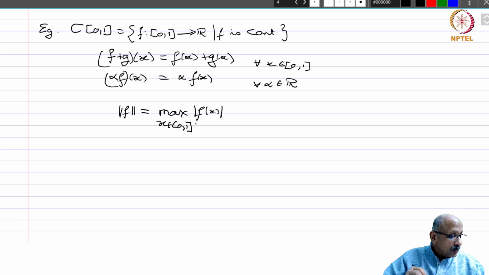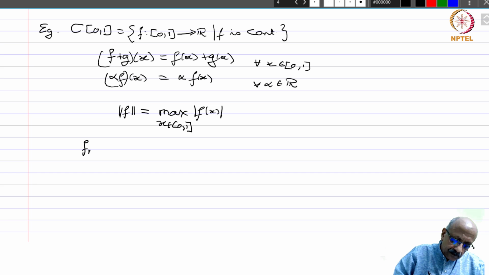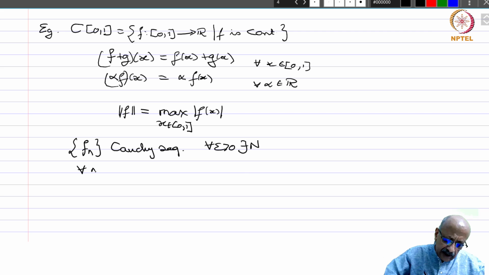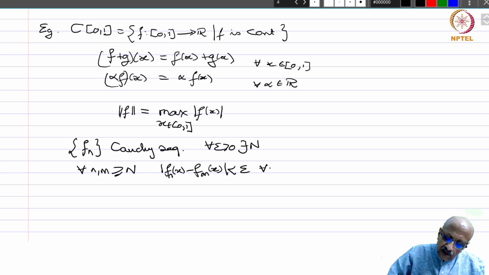So we want to show that this defines a Banach space. So we take a Cauchy sequence. Then what do you have? For every epsilon positive, there exists a capital N such that for all n, m greater than or equal to capital N, we have |f_n(x) - f_m(x)| less than epsilon for all x in [0,1].